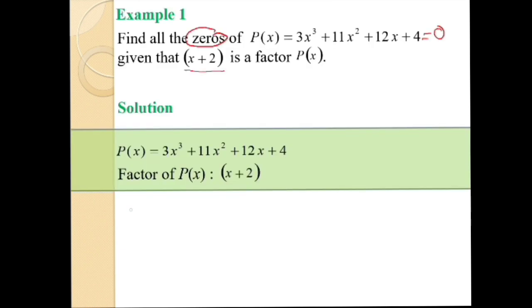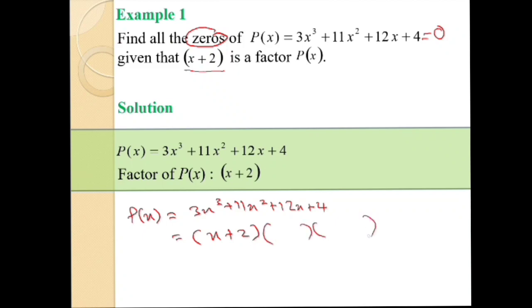Okay, just a little bit of explanation. This is our polynomial, and we know one of the factors. We need to find another two linear factors. So how to find these other two linear factors?